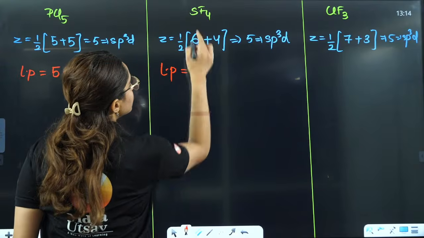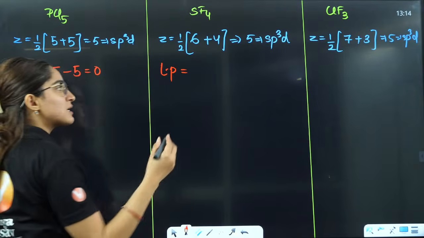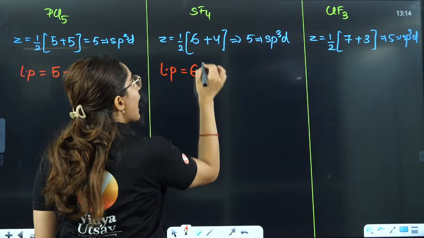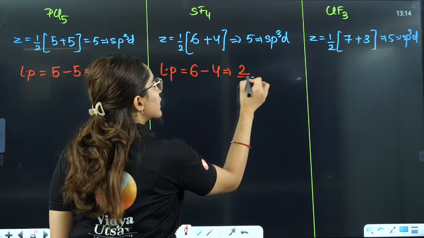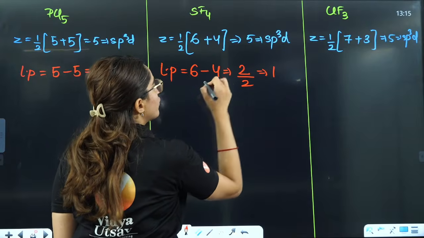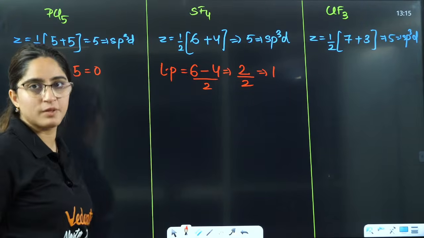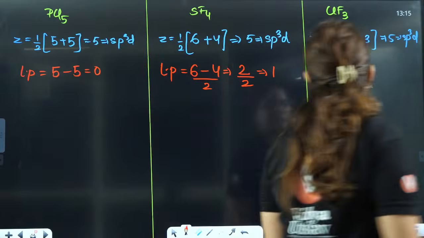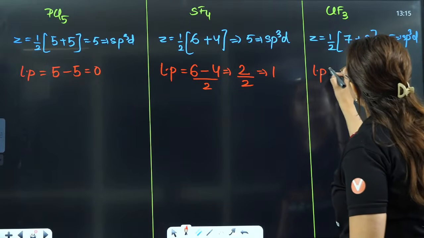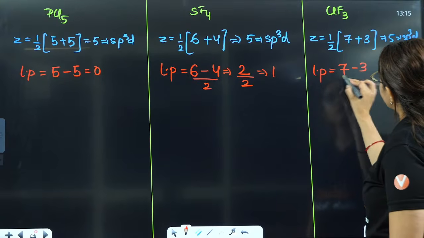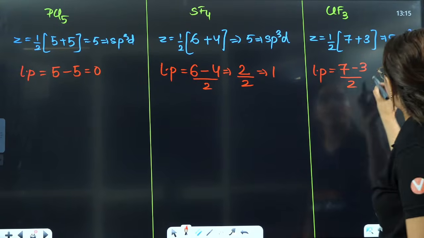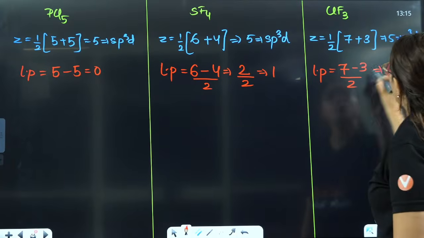Sulfur is group 16, so 6 outermost electrons, and it is forming 4 bonds here, that means 2 electrons left. 2 electrons means 1 lone pair. Chlorine has 7 valence electrons, forms 3 bonds, 7 minus 3 is 4, by 2 is 2 lone pairs.